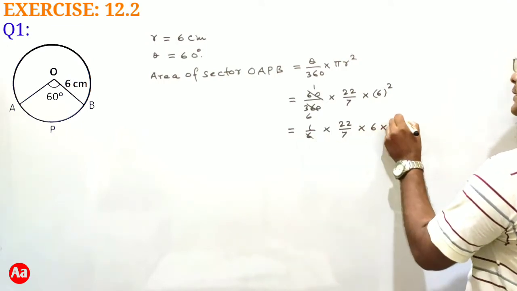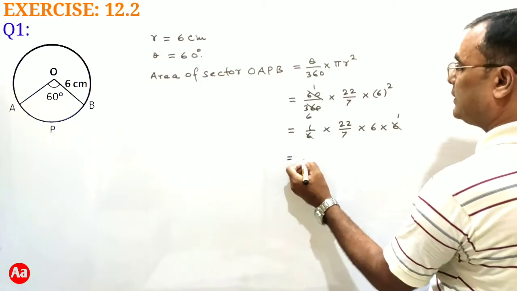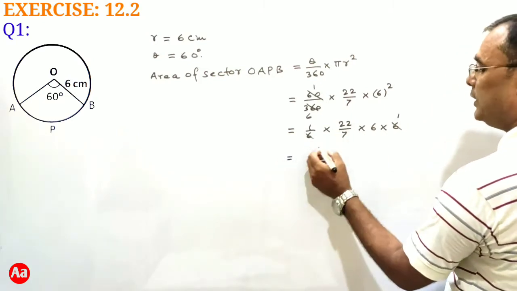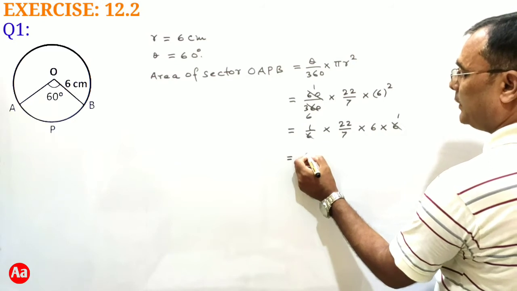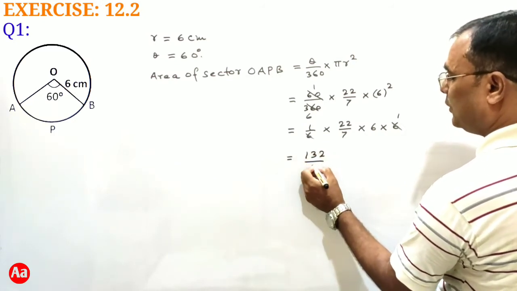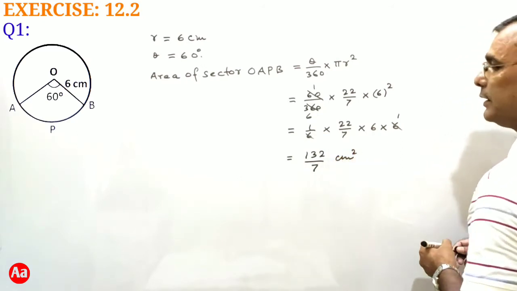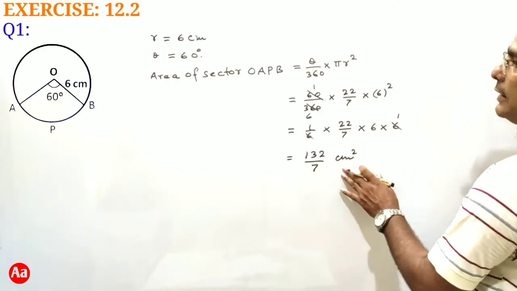This 6 and this 6 will get cancelled and this is equal to 22 into 6, 132 by 7 centimeter square, and this is the answer.